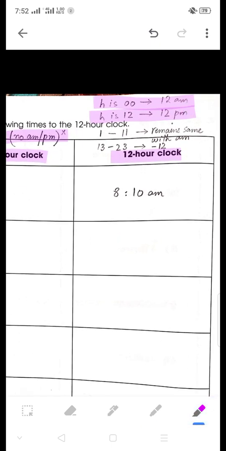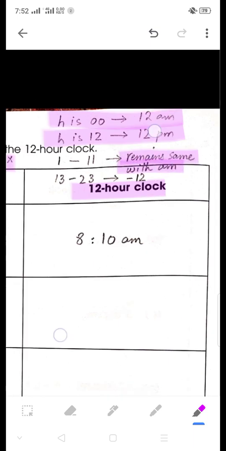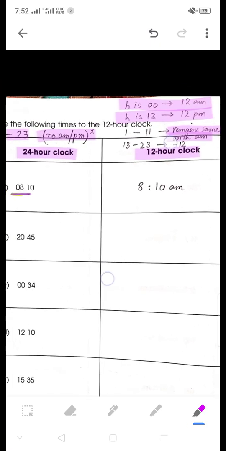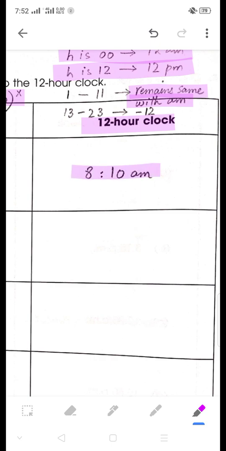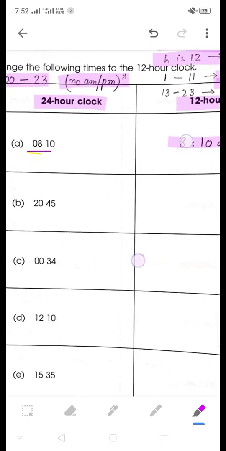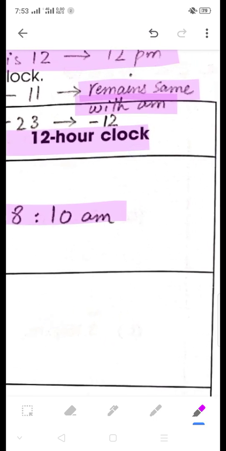See, here I have written, if the hour is from 1 to 11, the time will remain same with AM. So we have written 8:10, time has remained same, and we have written AM here. See?